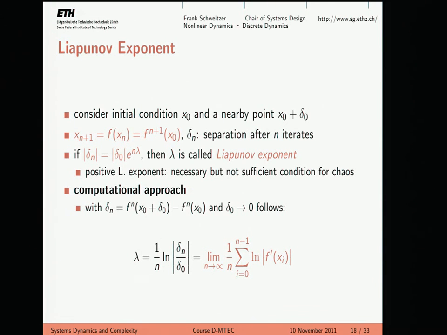So we start with x0 plus delta 0. Remember, we have this small fluctuation. We apply our logistic map n times, and this is where we end up at the end. We subtract from this the value where we were supposed to be without any fluctuations.